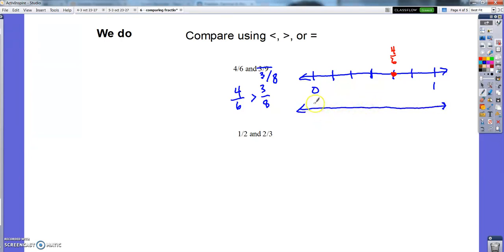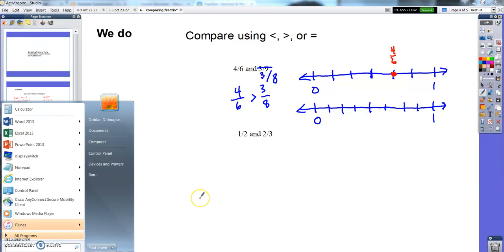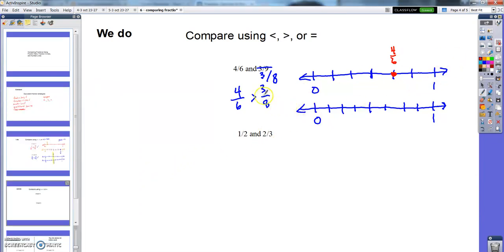So let's see. Eighths, I like. Halves, fourths, and eighths, you can just keep dividing things in half. So I can do half. Then if I divide the halves in halves, I have fourths. And if I divide the fourths in half, I have eighths. So three-eighths, this is 1/8, 2/8, 3/8 right here.